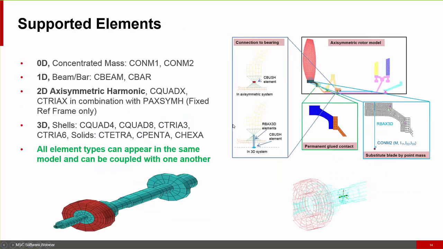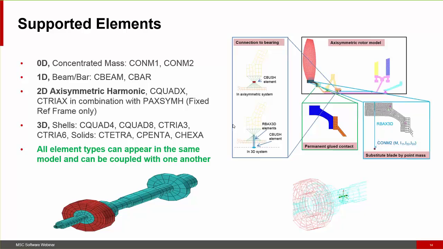So the supported elements are actually quite varied. You have the ability to still lump concentrated masses in cases where there's a trade-off, where the representation of the geometric complexity does not really warrant going to higher dimensions, so you can condense areas. You have then your traditional 1D elements, beams or bars, as are typically seen in 1D models.